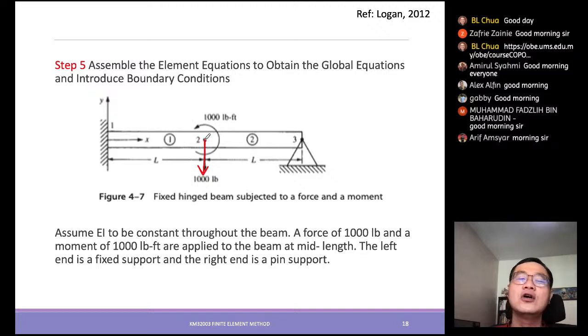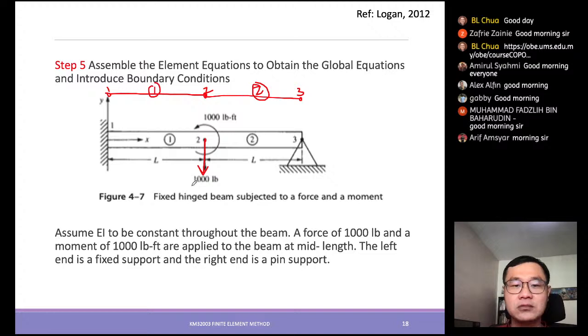Therefore the best way is to break it into two elements, element number 1 and element number 2, with 3 nodes: node number 1, node number 2, node number 3. We label element number 1 and element number 2.